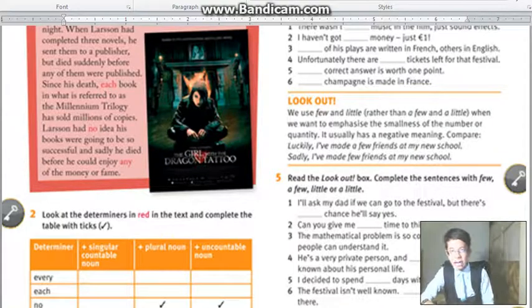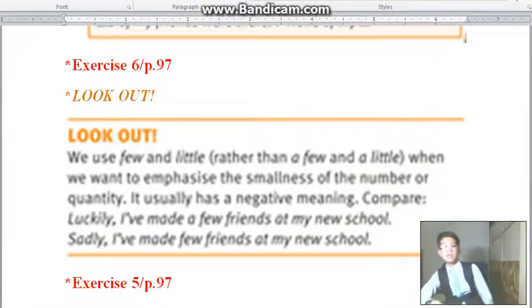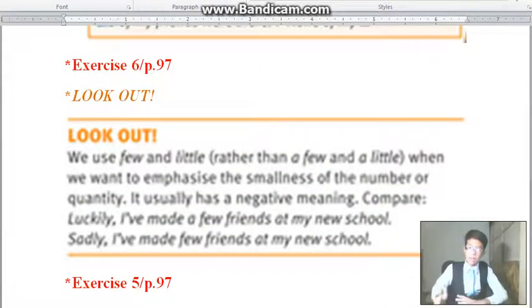Read the look out part. Look out. We use few and little rather than a few and a little. Alright? When we want to emphasize the smallness of the number or quantity, it usually has a negative meaning. Compare. Luckily, I have made a few friends at my new school. Or, sadly, I've made few friends at my new school.